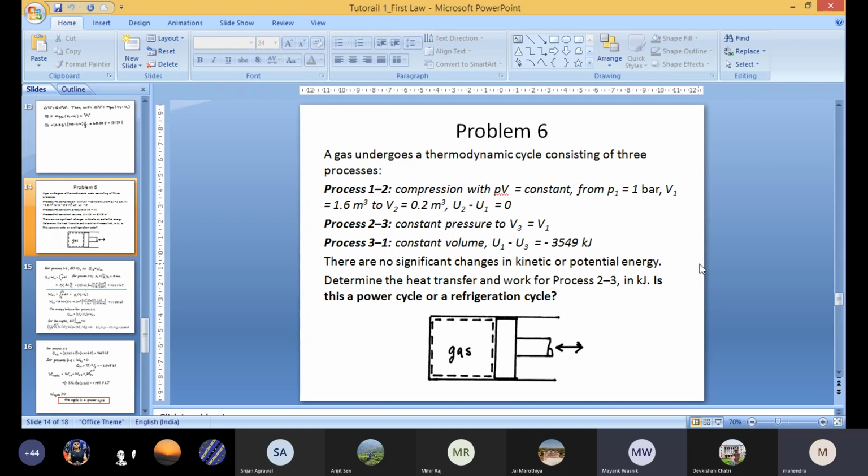So if you get work output as a positive value, you can conclude that it is a power cycle. If work output is a negative value, then you can conclude it as a refrigeration cycle. Once you calculate, then we will come to know.